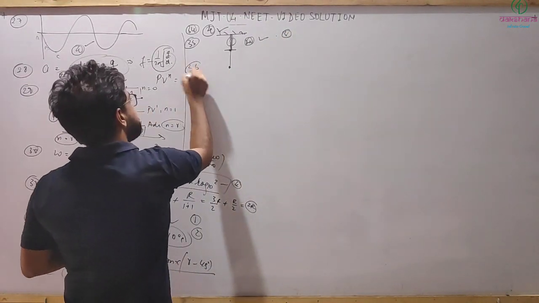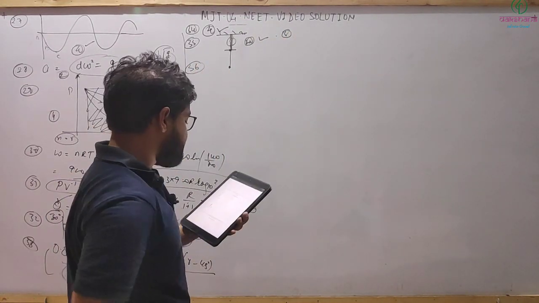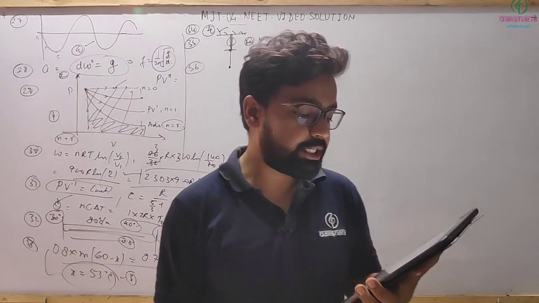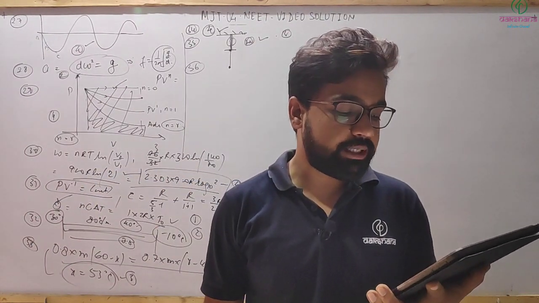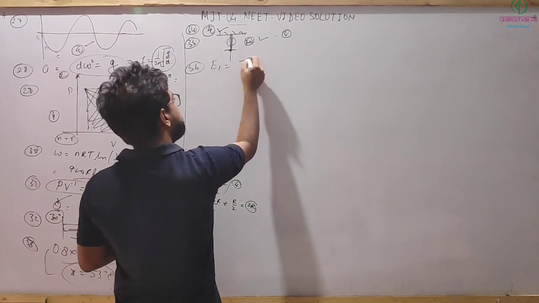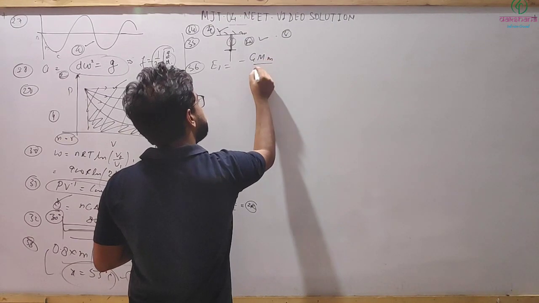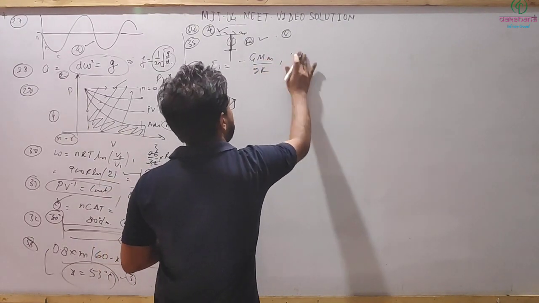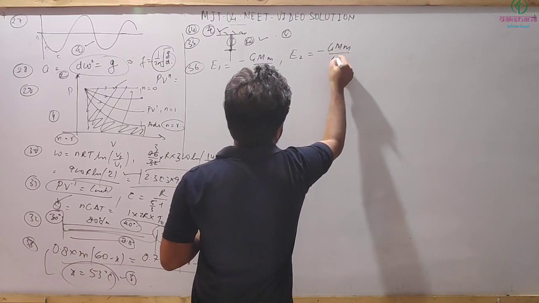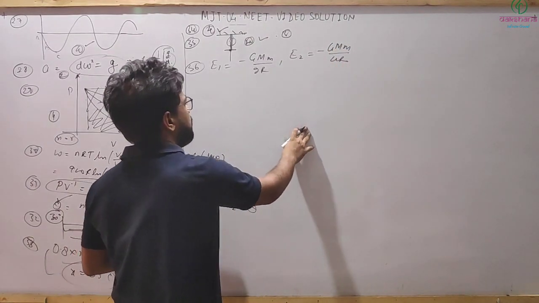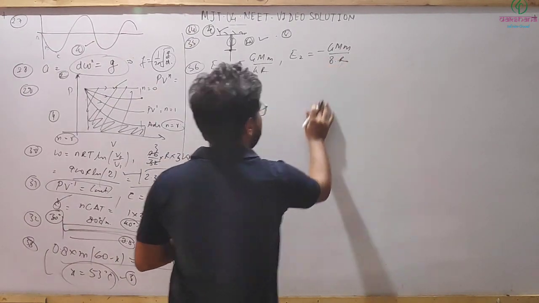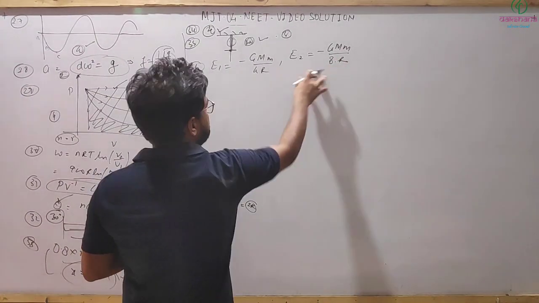Question number 36. A satellite of mass m is in a circular orbit of radius 2r about the earth. How much energy is required to transfer it to a circular orbit of radius 4r? The total initial energy is equal to minus GMm by 2(2r). The total final energy is equal to minus GMm by 2(4r), since the radii are 2r and 4r.